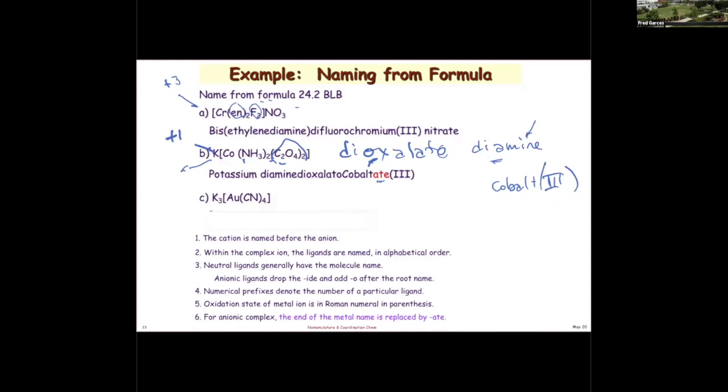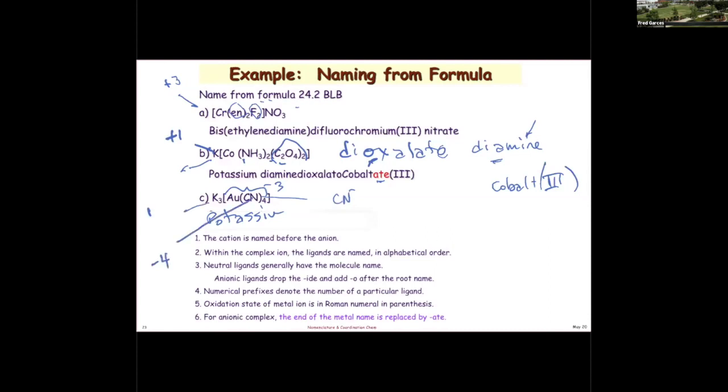This last one would be potassium, and don't put tripotassium, it's just potassium. How do I know? Because I know that this whole thing is a -3. Okay, so potassium, and then cyanide is negative. Cyanides are -1, and there's 4 of them, so that's a -4.